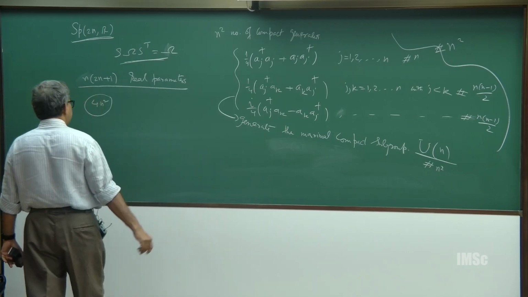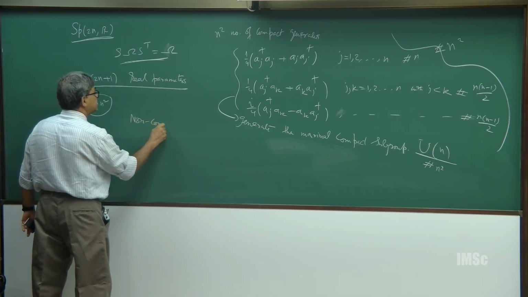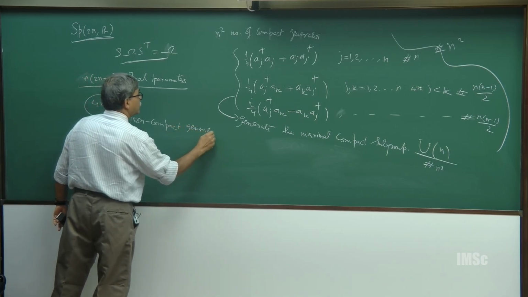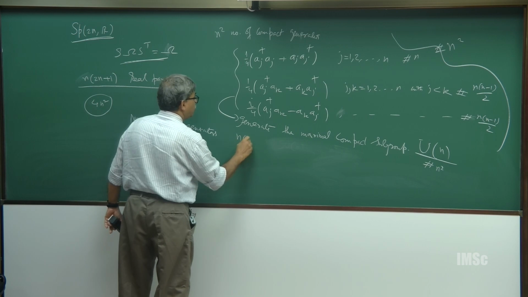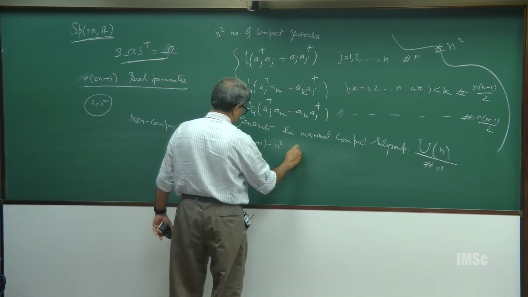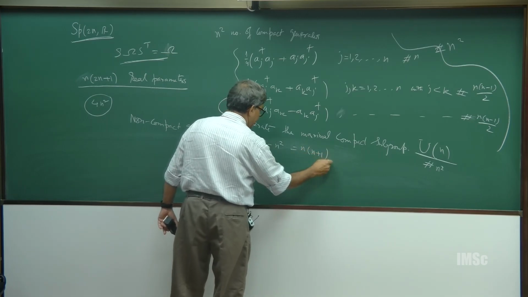And the remaining generators are the non compact generators which I mentioned earlier, and which are n into 2n plus 1 minus n square, which is basically n into n plus 1.